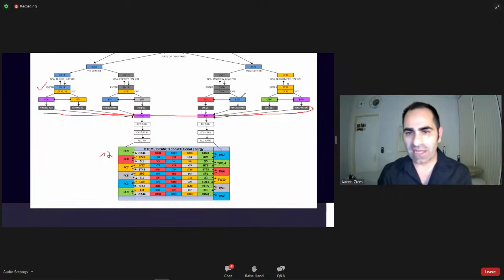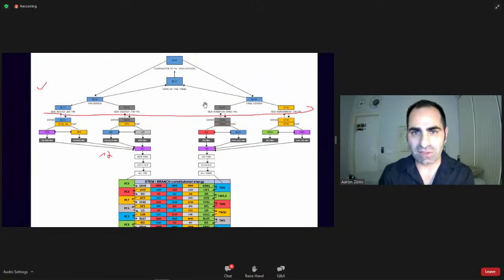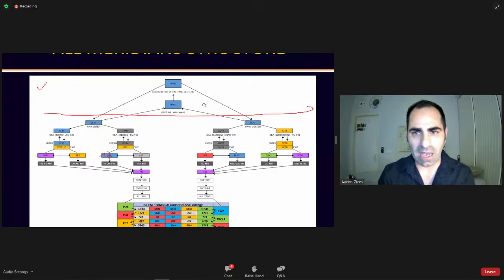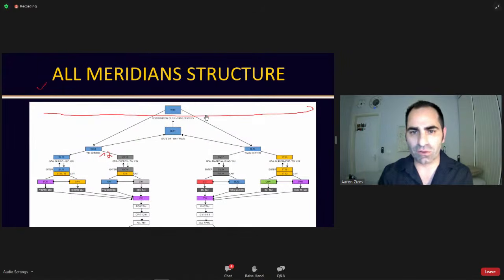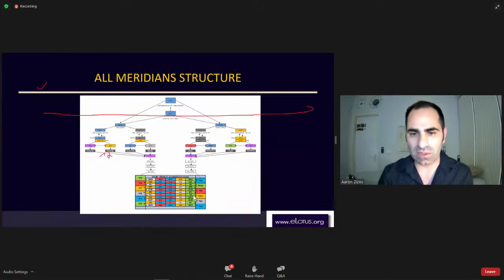Again, we have many connections, and if we understand how this whole structure is built, then we have the ability to make a better treatment, with different understandings of how it starts, where it starts, and according to that, to see what else we need to do.